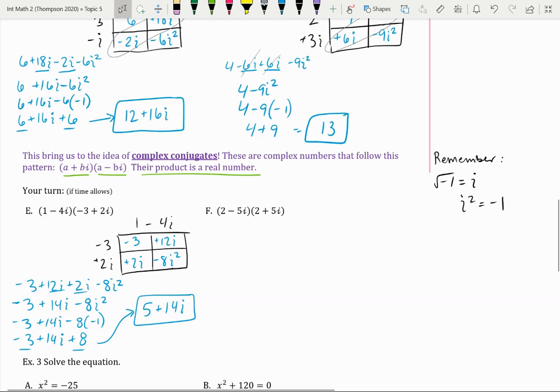Okay, welcome back. If you solved F correctly, the answer you should get is 29. So let me work through it with you, just in case you didn't get that answer.